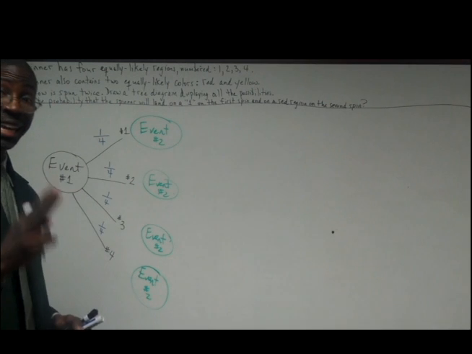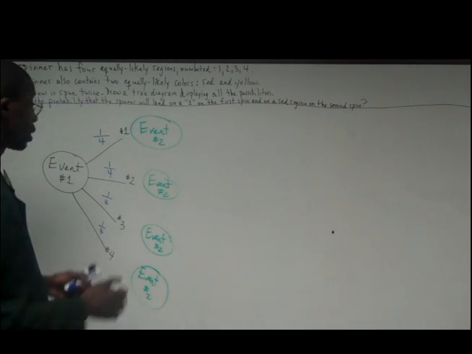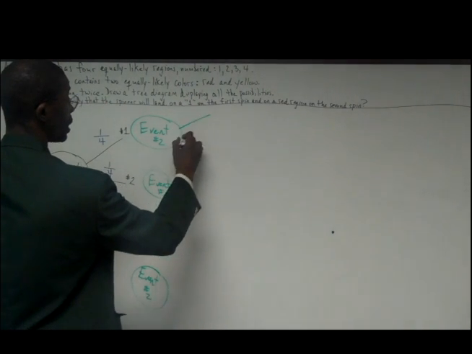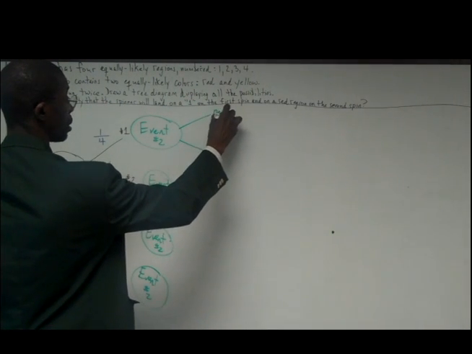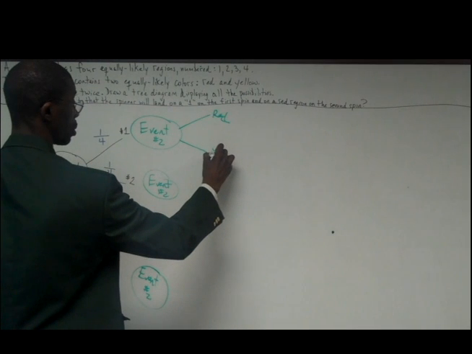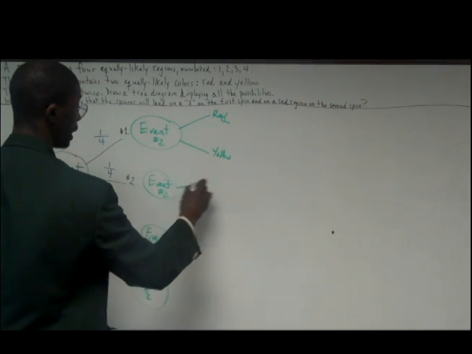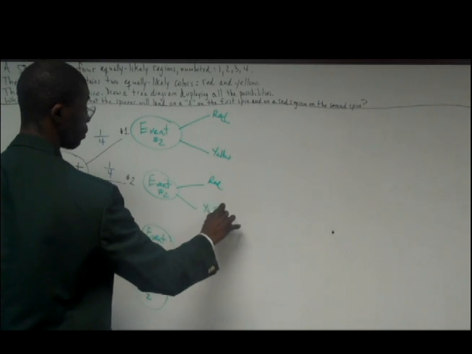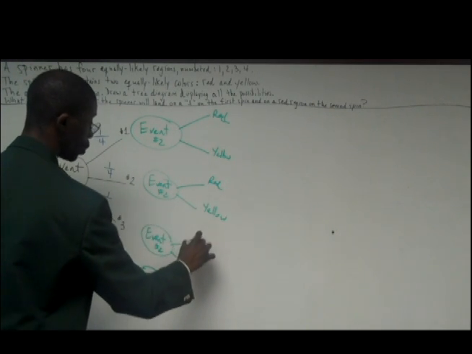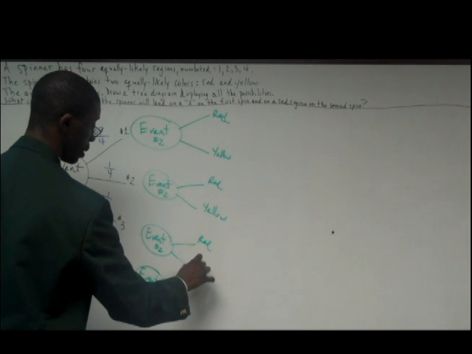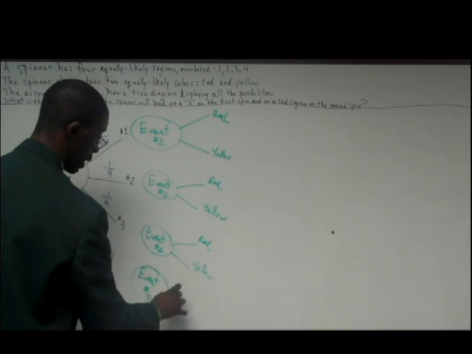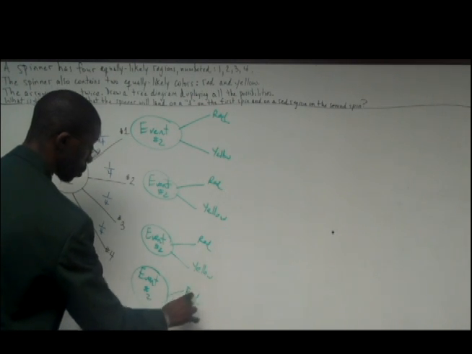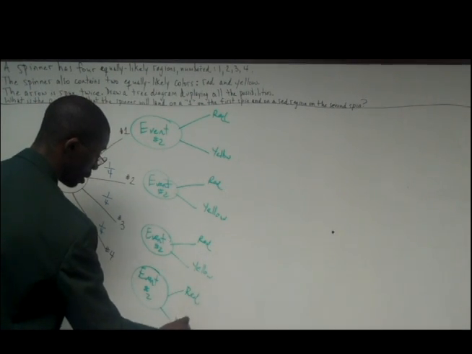And there are 2 equally likely colors, red and yellow, which then means we have to make sure that we represent this. Equally likely colors, red and yellow. 1 branch for each color. And lastly, in case we spin a 4, equally likely colors are red and yellow.